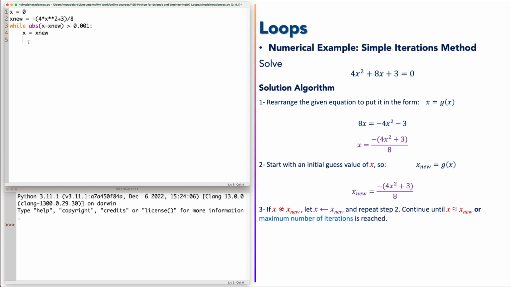So in this way, we will get x, and then we are going to substitute the value in the x new equation. So every time we will have these two new values inside the loop in order to be tested in the while statement. Also, in order to monitor the values of x and u, I can add a print statement here.